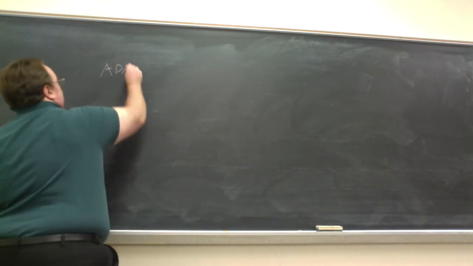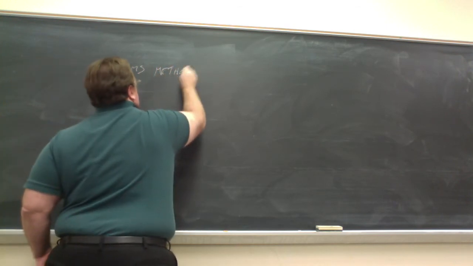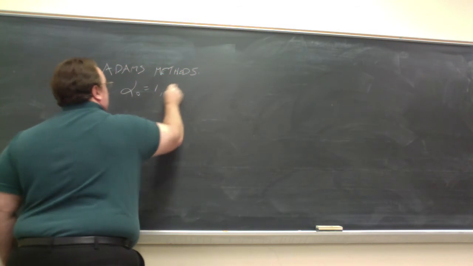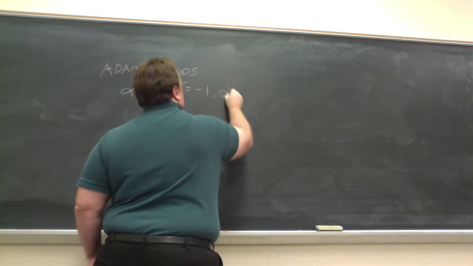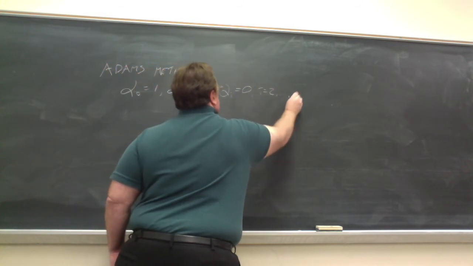So for Adams methods, regardless of whether they're implicit or explicit, you have alpha 0 is equal to 1, alpha 1 is minus 1, and all other alphas are 0.